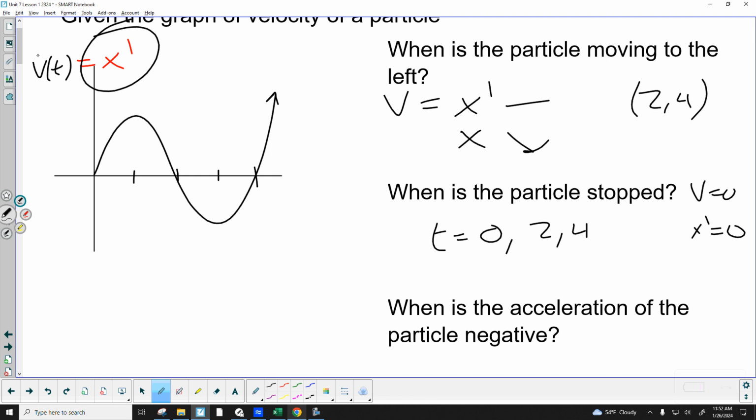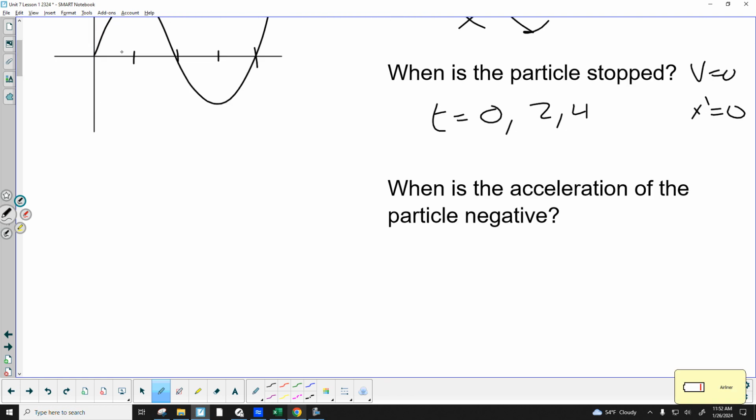When is the acceleration negative? Oh, geez, I'm not sure. Well, I'm going to break out my sign analysis. Oh, my acceleration is just my derivative of velocity or my second derivative of position.